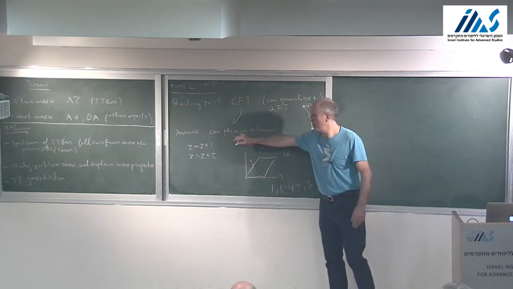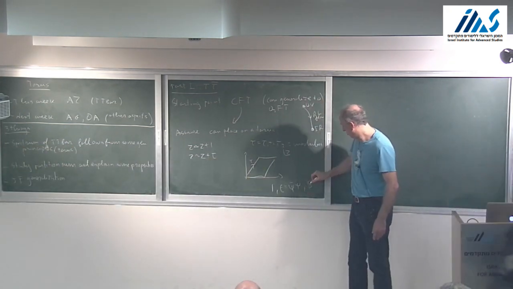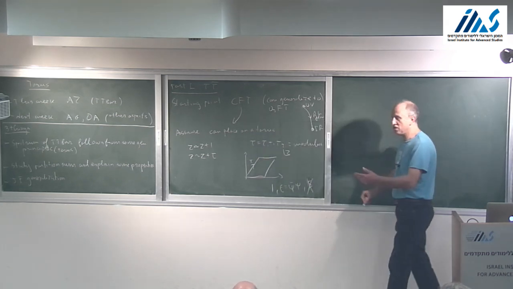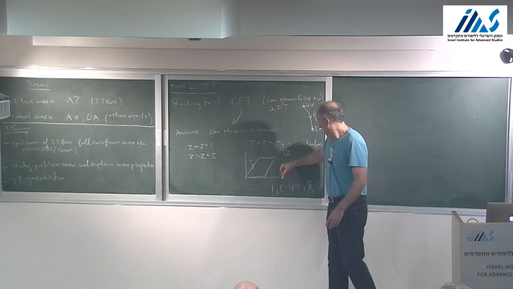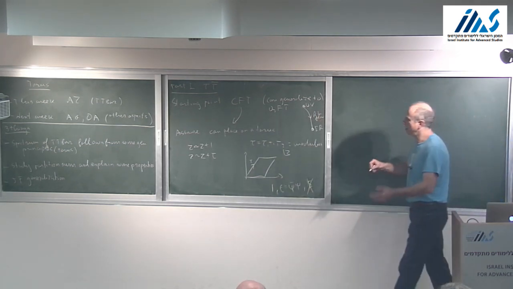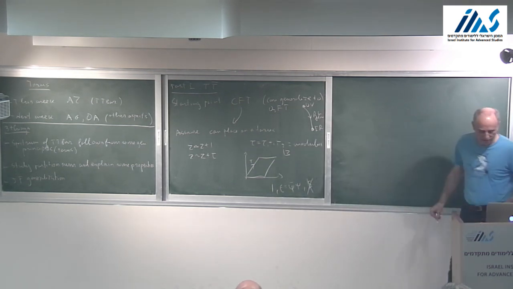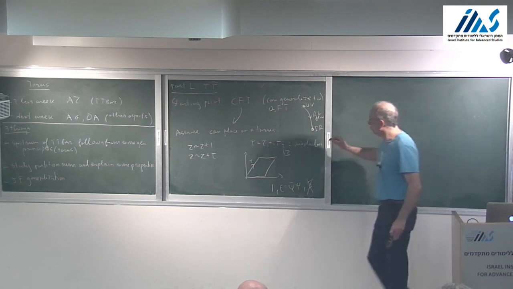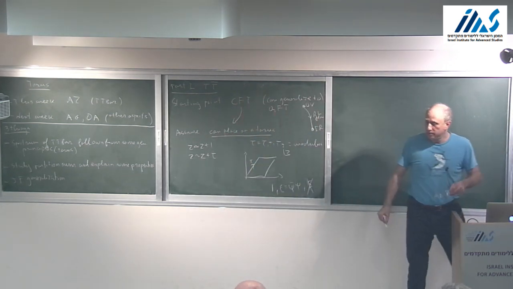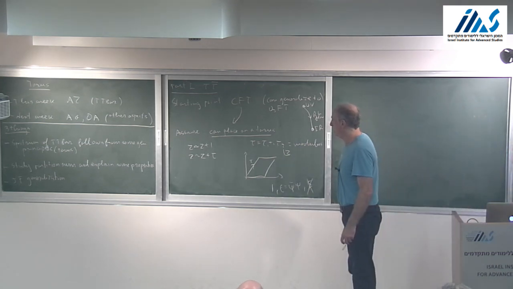I'm taking the CFT to be something complete. And by the way, the trouble I'm running into if I omit this guy is that the correlation functions, partition sums, etc., that I will compute will depend on the parameterization of the torus and not be the same for a torus parameterized in different ways. So this is what this assumption means. I guess you're also ruling out things like the free boson, where the partition function is divergent.